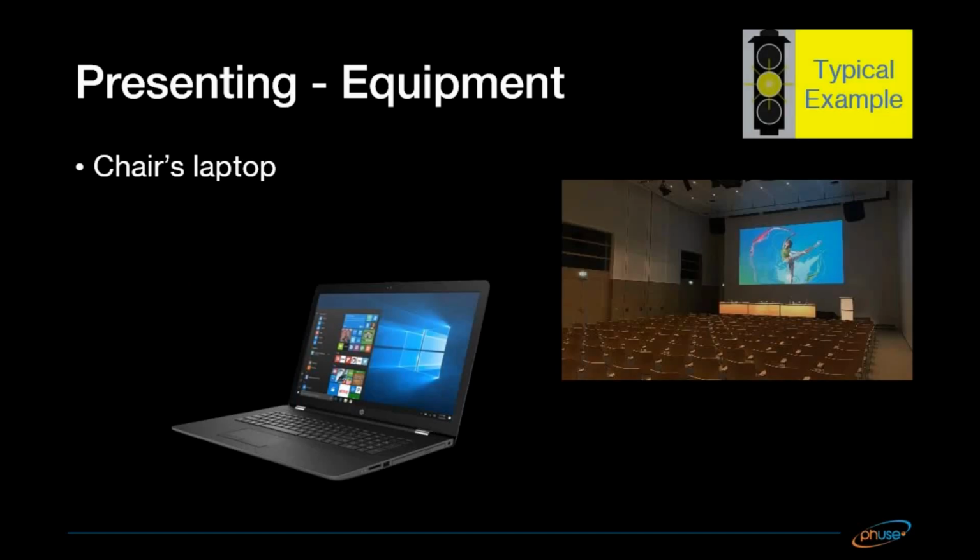So typical venues then, as you can see here on the right-hand side, there's a podium, there might be a table up the front, there's all the chairs laid out in front of you, and a projection system behind you. Your presentation will take place on the chair's laptop, so it's important to get the presentation to them prior to the conference.